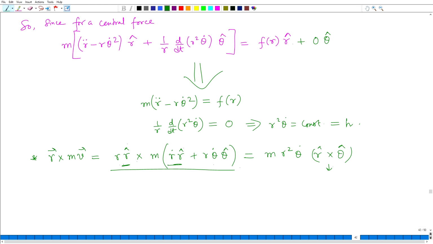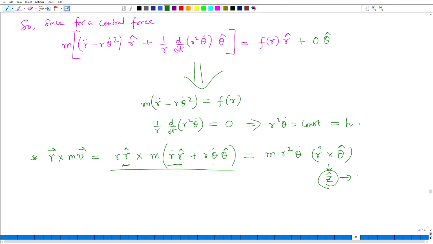I can call that a unit vector which is perpendicular to the plane of motion, and that is z cap. And what is the unit vector perpendicular to the plane of motion under a central force? This is nothing but the unit vector along the angular momentum. So, you can easily say this is nothing but the L cap direction.